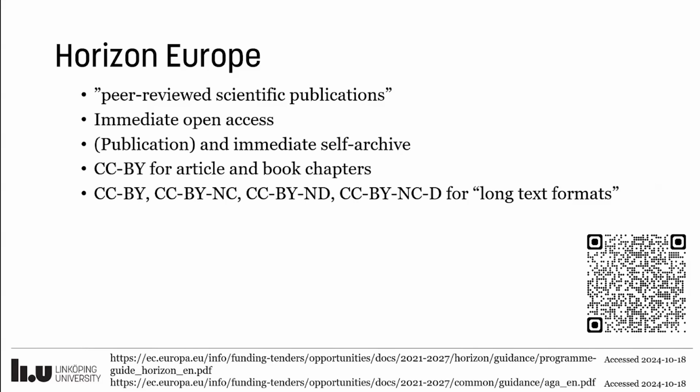And they demand that you use a CC BY license for articles and book chapters, and then you have more freedom to choose the Creative Commons license for long text formats. I can't say exactly what differs a long text format from a book chapter, for instance. Book chapters to me can be long, but that's the text that they use.